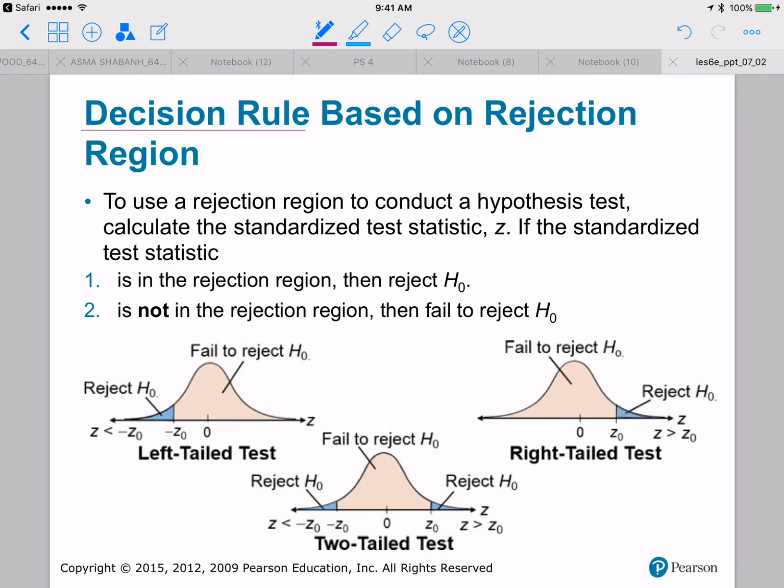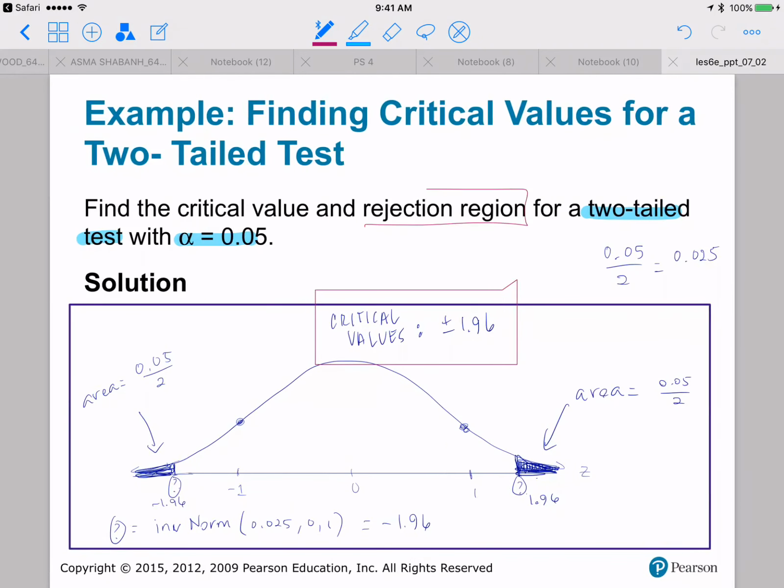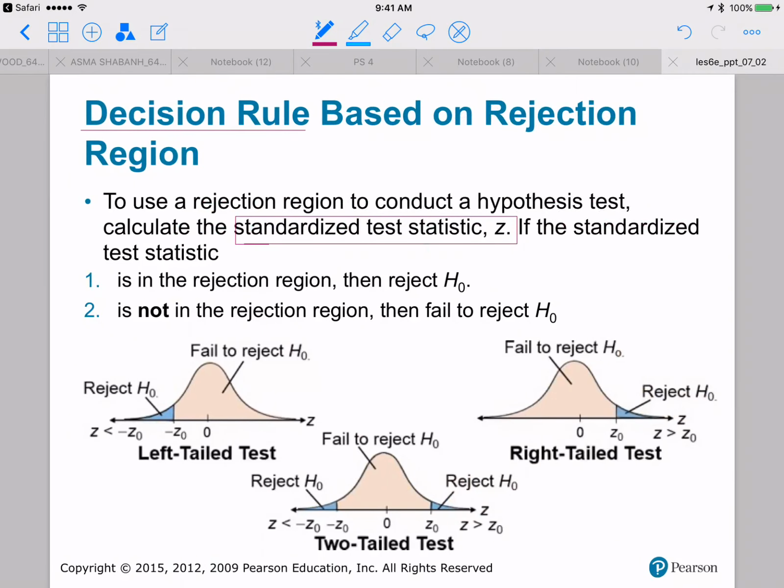All right. So we've kind of already discussed the decision rule based on the rejection region. When you're conducting a hypothesis test using a rejection region, you need to calculate your standardized test statistic, and then you also need to calculate your rejection region, right?